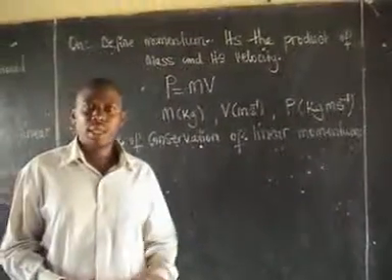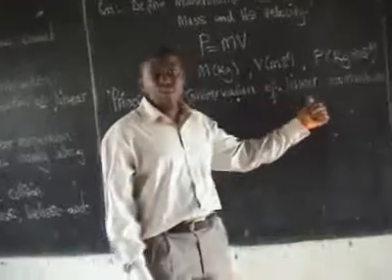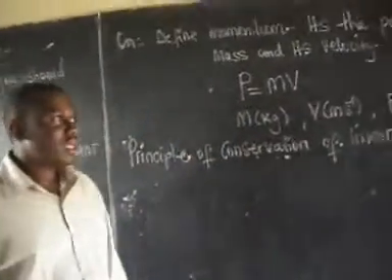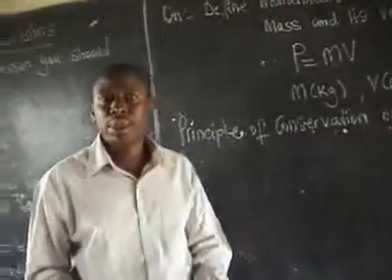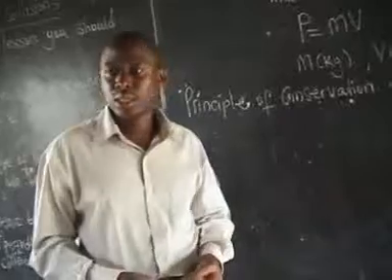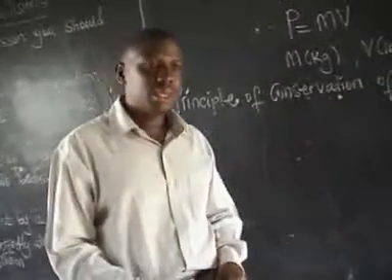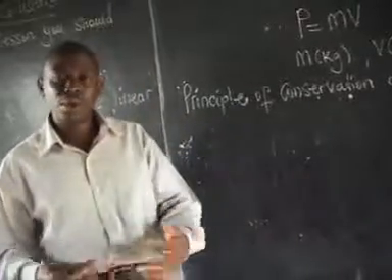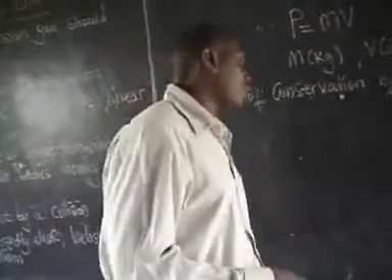One body loses the energy while the other gains. So when two bodies interact, for example, in a collision, it could be like an accident or a ball that has been kicked, there is always a transfer of momentum from one system to another.